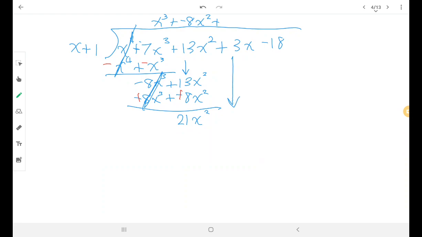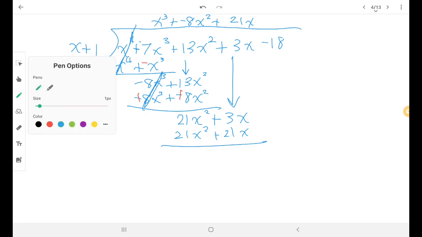So we want to bring down the plus 3x, and now I need to multiply by this to make this. Well, that looks like it's just 21x, right? Because 21x times x is 21x squared. Plus 21x times 1 is 21x. Change the signs so that I am subtracting.